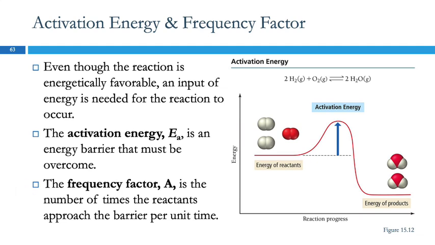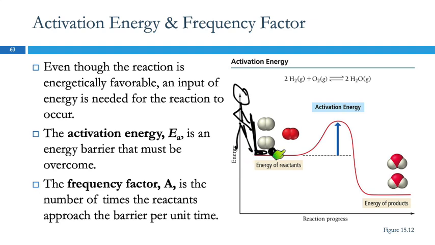And then the frequency factor. We can think of this as the number of times that the reactants approach that barrier per unit time. I don't know why, but this reminds me a little bit of playing miniature golf, putt-putt golf. Let's draw some bad pictures because that's always entertaining. Here you have your person with their golf club, and they're trying to hit this ball over the hump so it can go down there and hopefully at least get close to the hole.